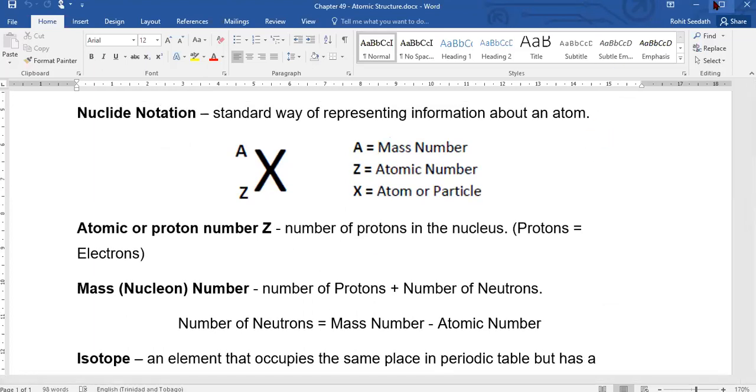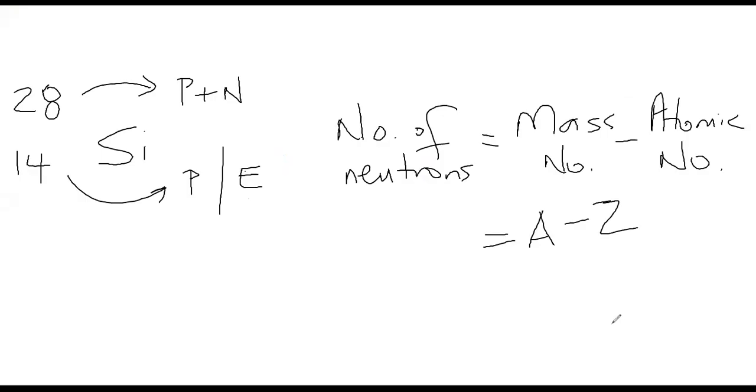For example, let me do carbon. Carbon is 12, 6. I'm just going to do carbon as an example for you. Everybody get this, right?